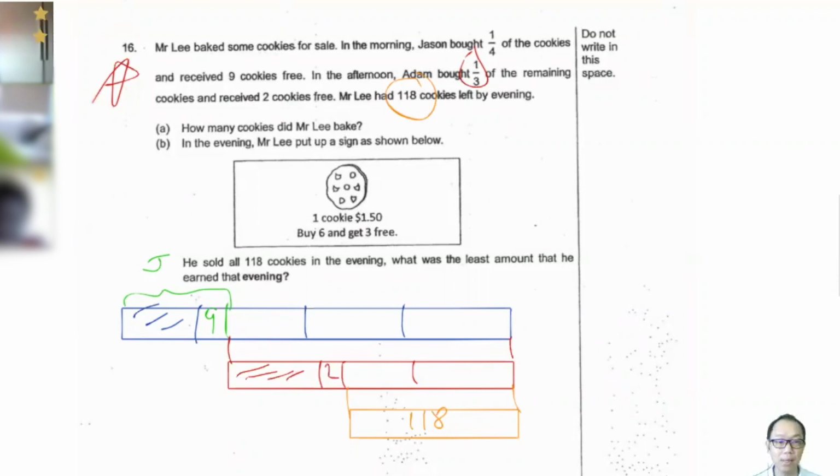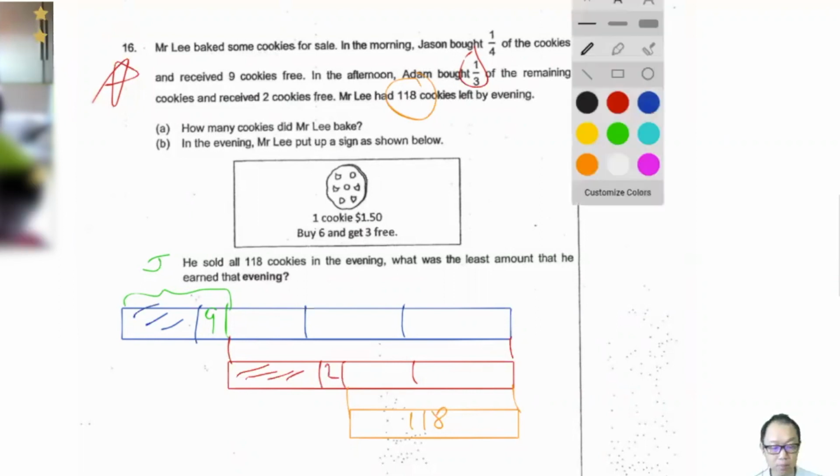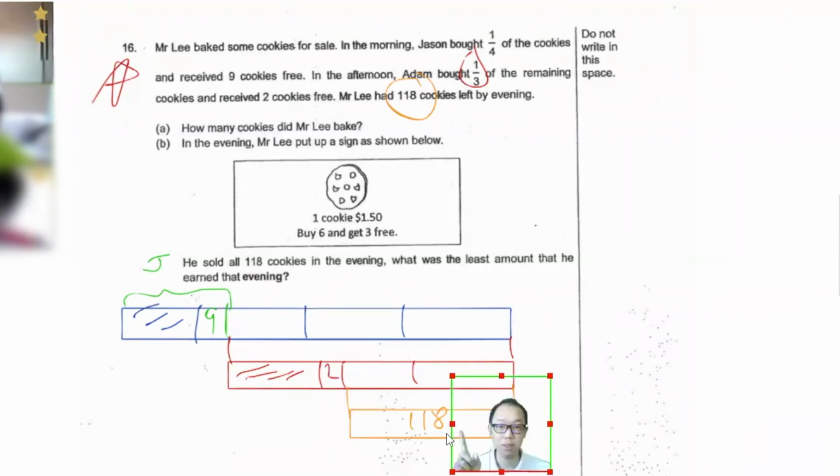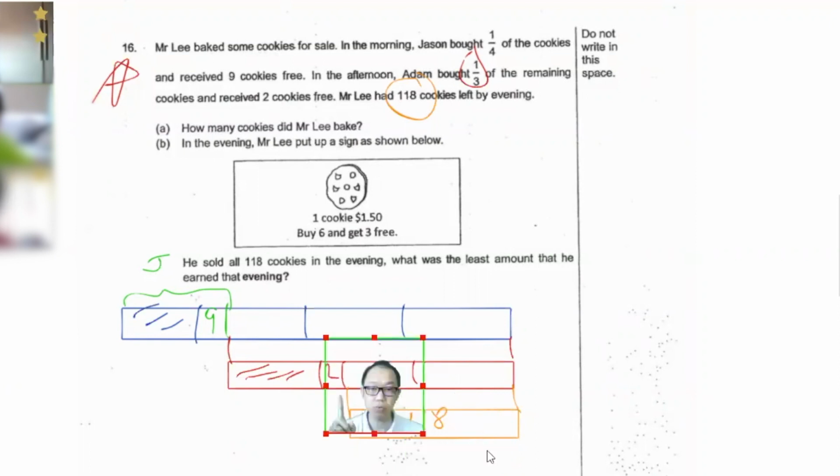So what do we do next? How many cookies did Mr. Lee bake? To find the first answer, we need to work backwards. Why? Because you see there's 1/8 plus 2, which is equal to 2 red units.